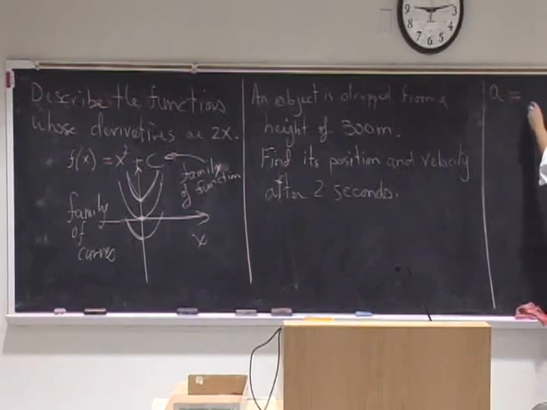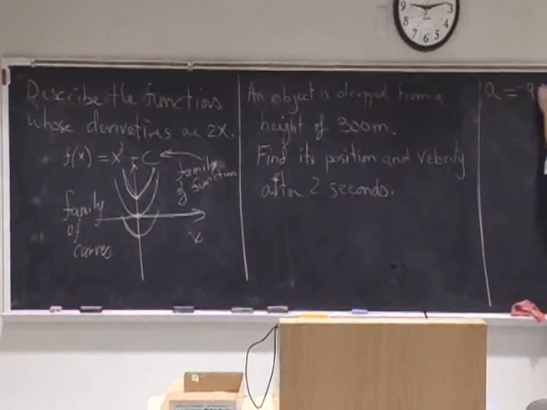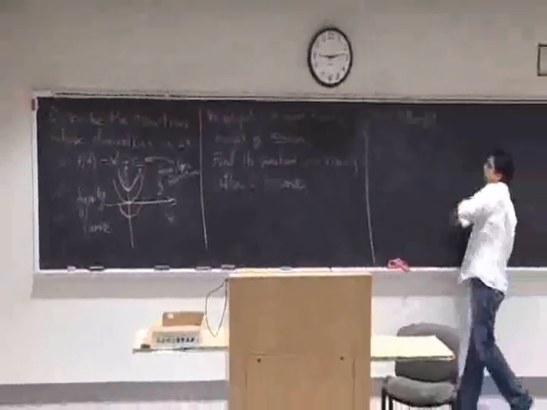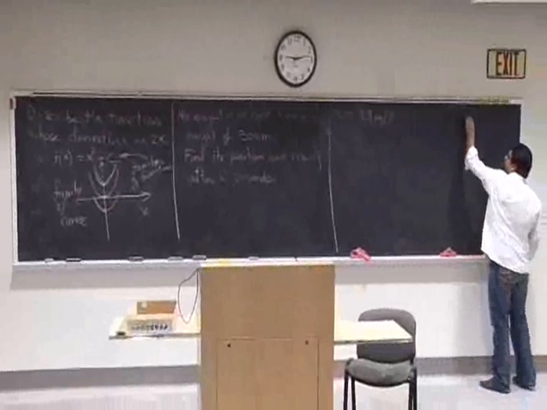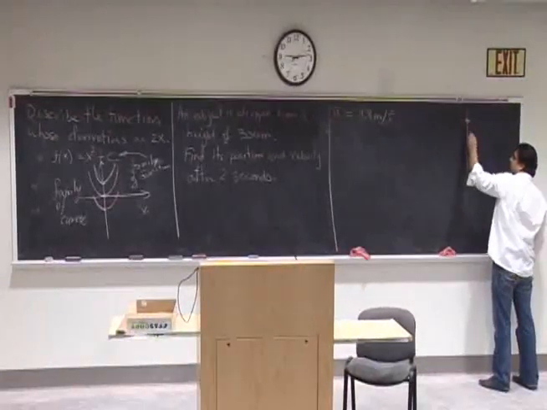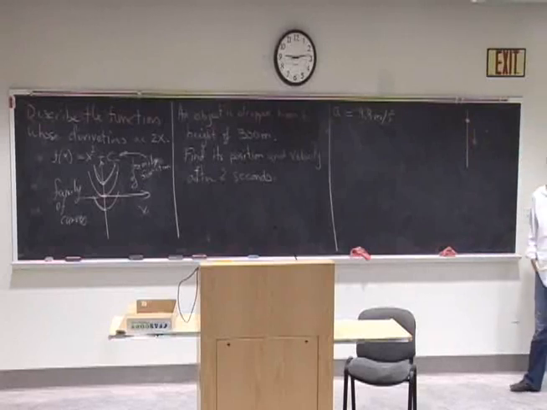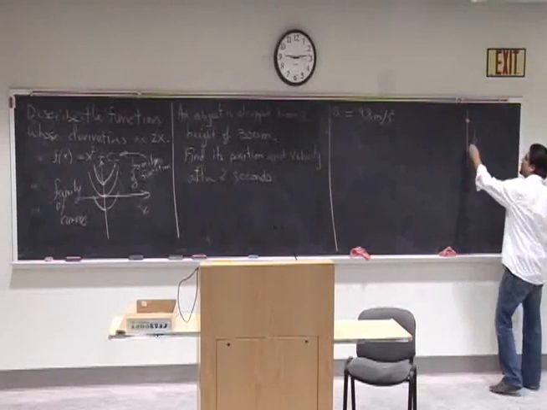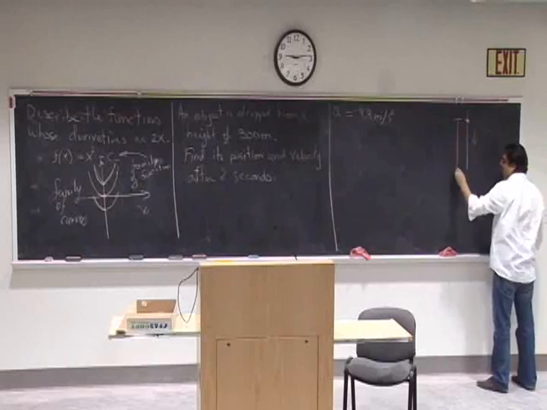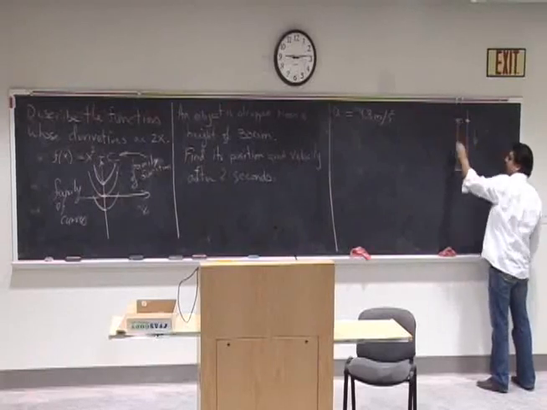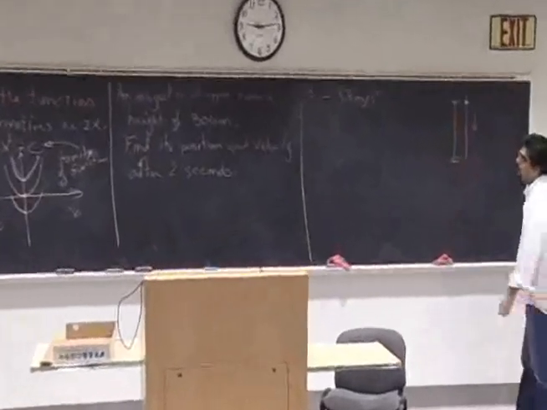The acceleration is known to be negative 9.8 meters per second squared. So for our motion, we're assuming downwards is negative, and acceleration pulls us downwards. The initial height of the object is 300 meters.